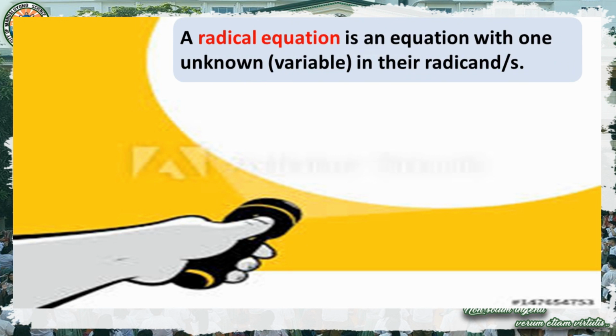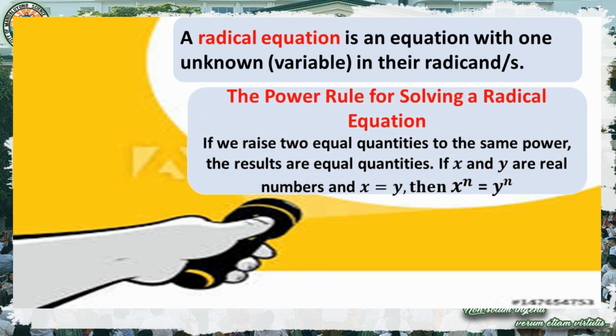Let's review about a radical equation. A radical equation is an equation with one unknown or variable in the radicand or radix. And this is supported by the power rule for solving a radical equation, which states that if you raise two equal quantities to the same power, the results are equal quantities.